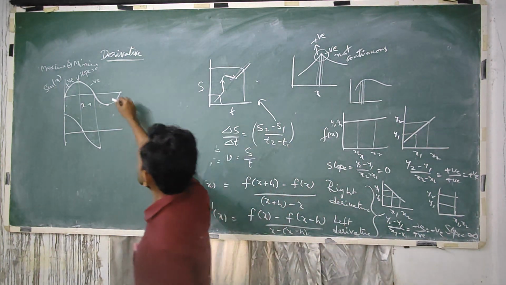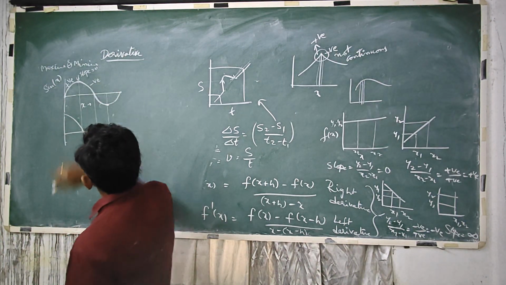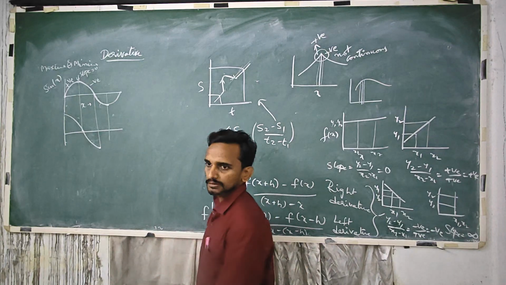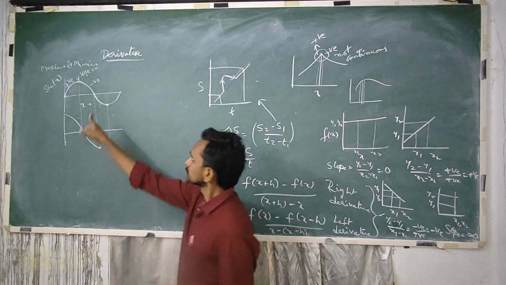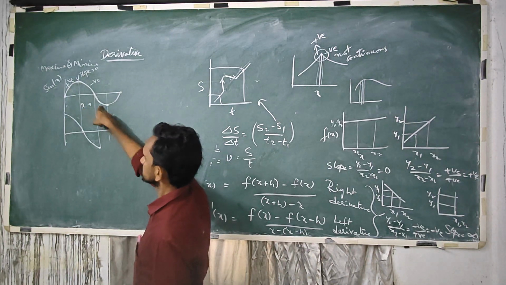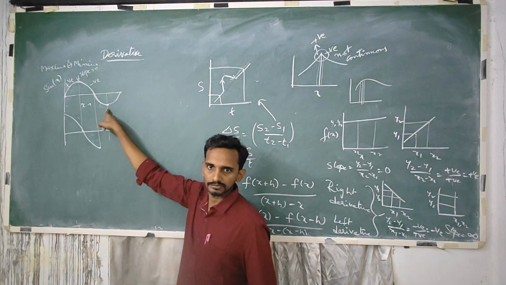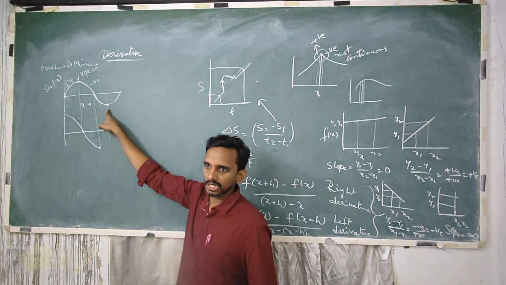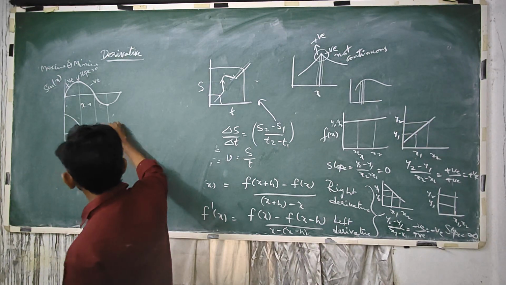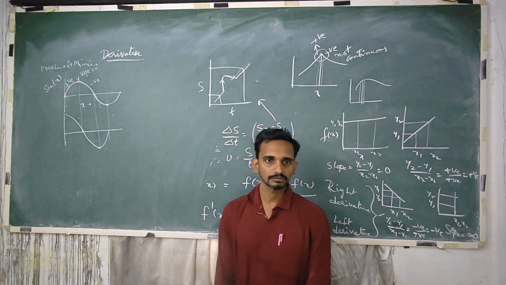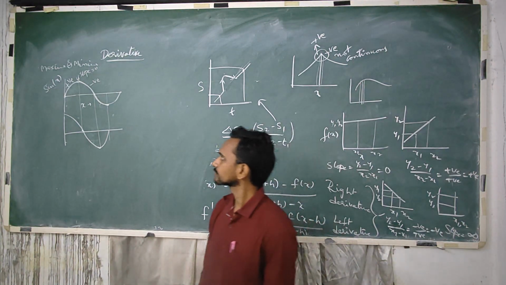And next one, here the slope is positive or negative? In this portion slope is negative and is approaching 0. So the negative value is approaching 0. So the curve looks like that.